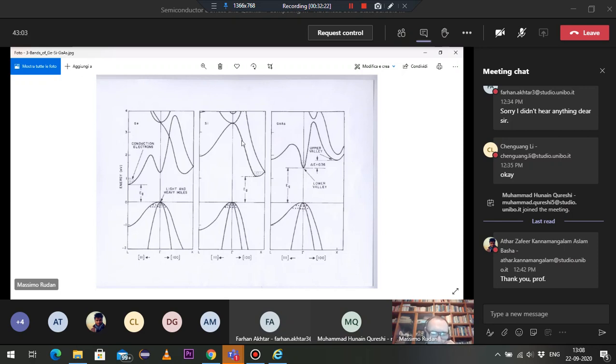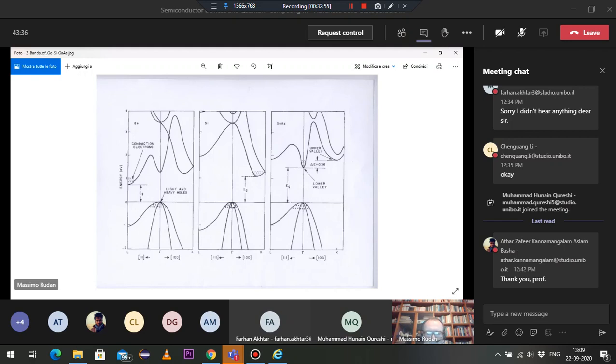If we now go to examine the valence band, we see that the structure of the valence band is a little bit more complicated than in the figure that I showed you earlier, because in the valence band there are two branches. You see there is a lower branch here and an upper branch here. But these two branches have the same value of the maximum.